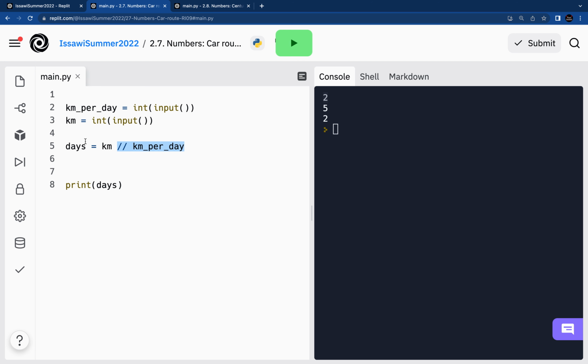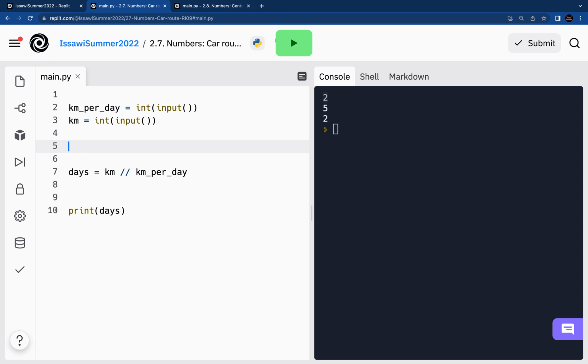Now there's a neat little trick that you can do. What you can do essentially is multiply this by -1. Essentially what's happening is it's 5 divided by 2, which gives me 2. But if I said -5 divided by 2, it'd give me -3.